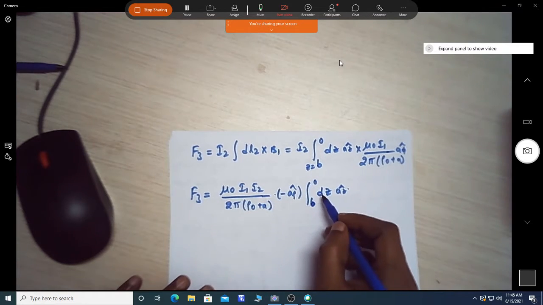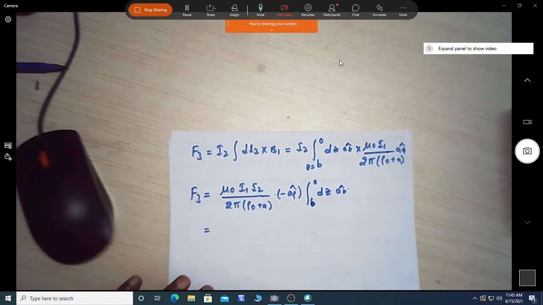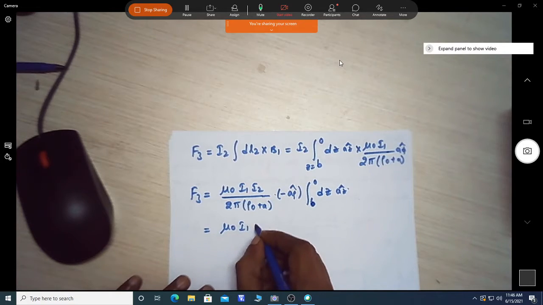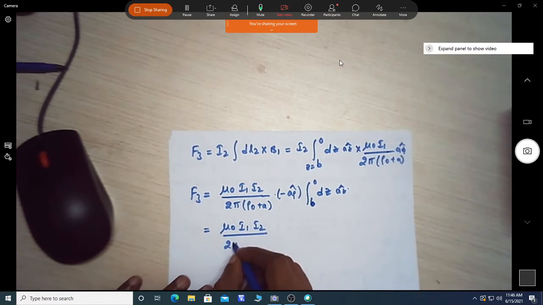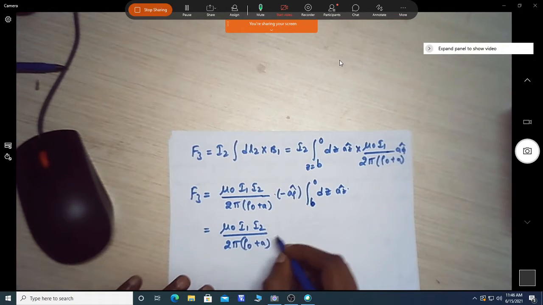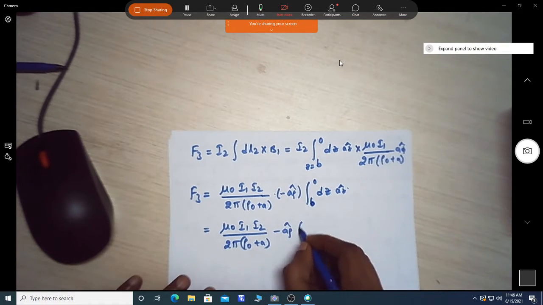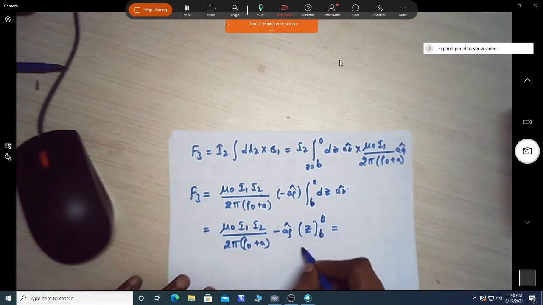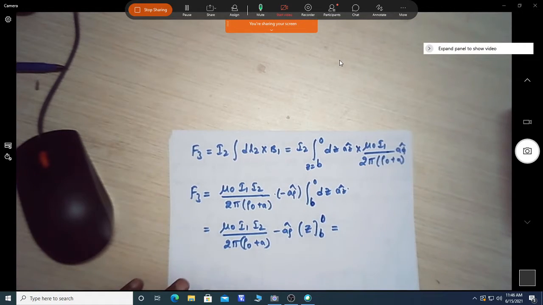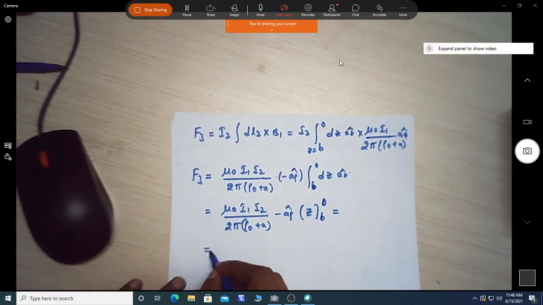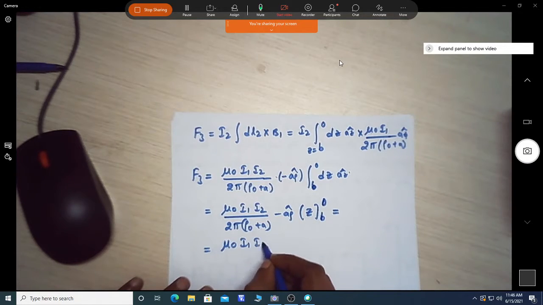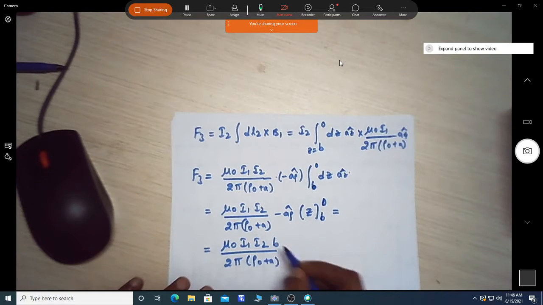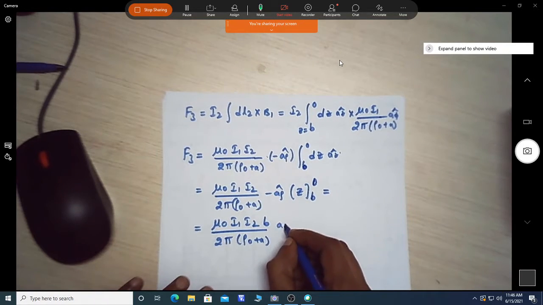So now if I integrate this one, it will give minus B, minus mu naught I1 I2 divided by 2 pi rho naught plus A, minus rho direction, into z, if I substitute z, that is B to 0, so this will give 0 minus B, so minus into minus we can write as plus. That is mu naught I1 I2 divided by 2 pi into rho naught plus A into B. So this is in the rho direction.